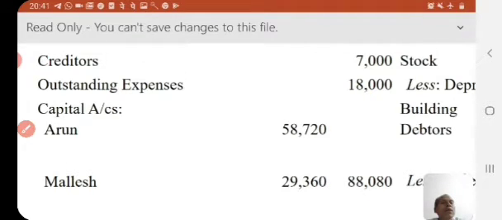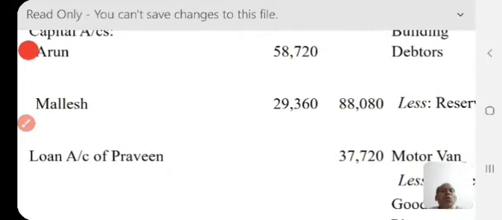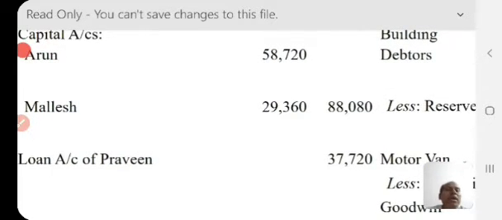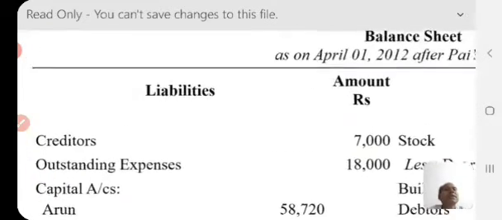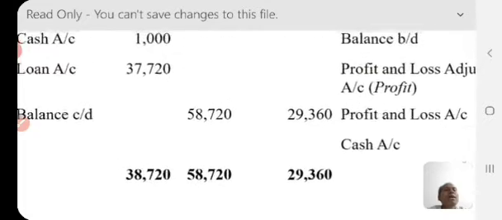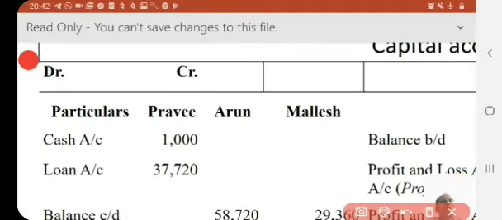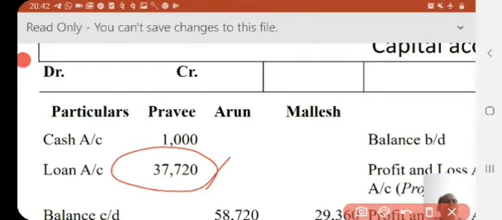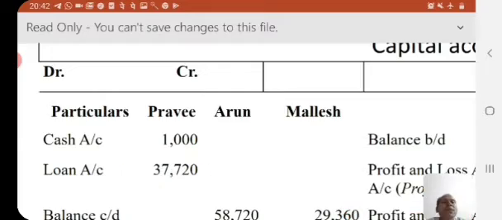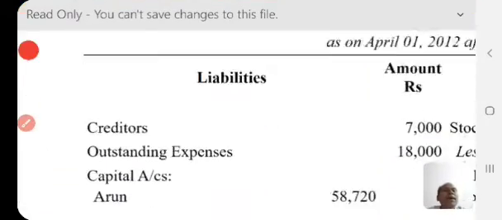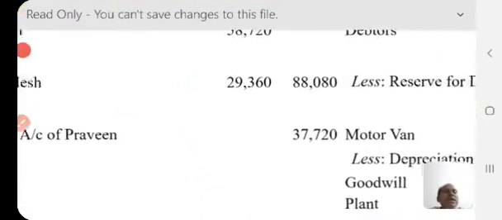Okay. Now, the loan account of Praveen. Just now we have prepared it and recorded it in the capital account. That loan account, 37,720, is to be recorded in the balance sheet.